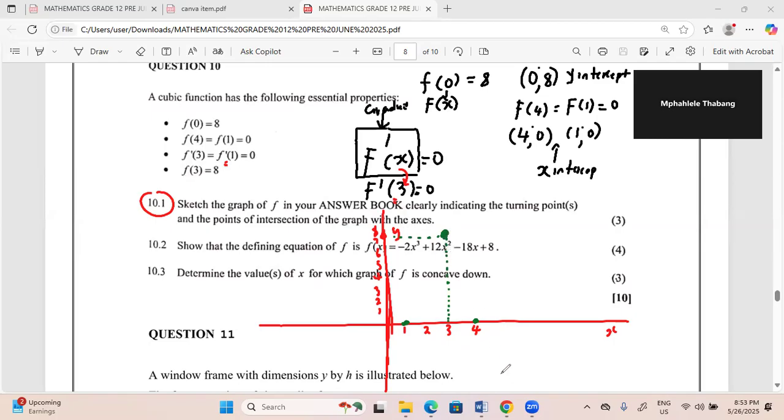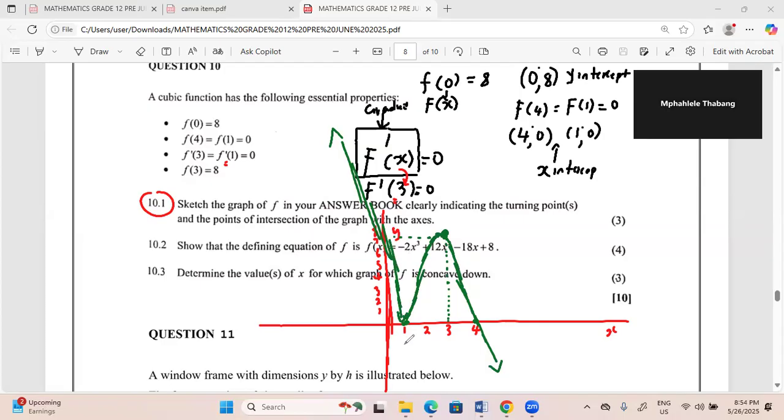Remember, they also said whenever x is 3, the graph turns. So the graph turns there. It goes and turns again when x is 1, and it goes like this. Sorry for my ugly graph, but hopefully you get the idea.